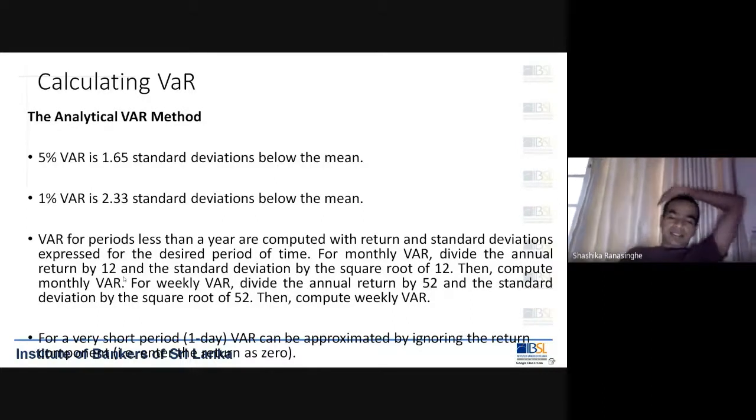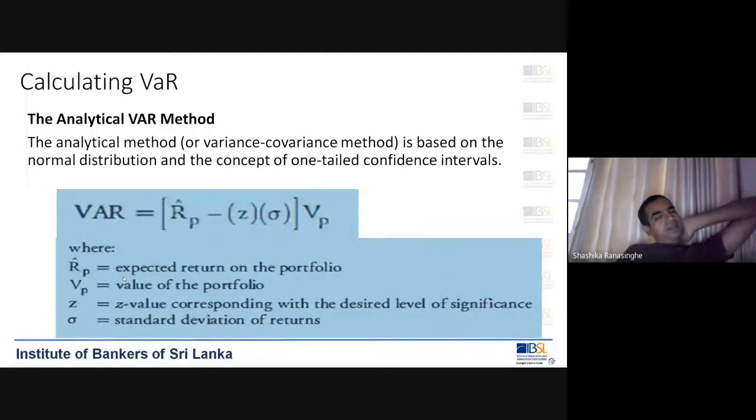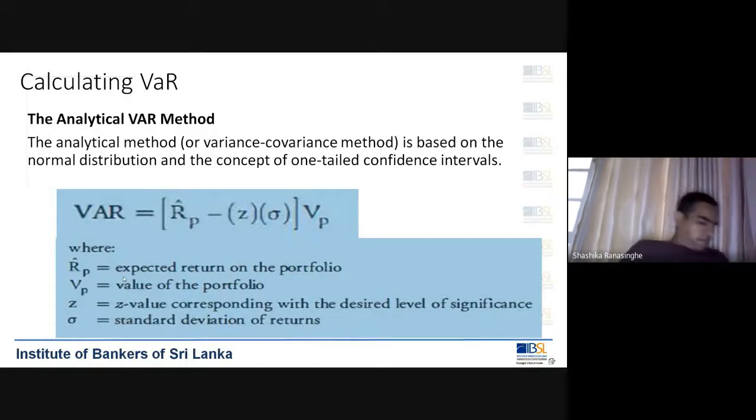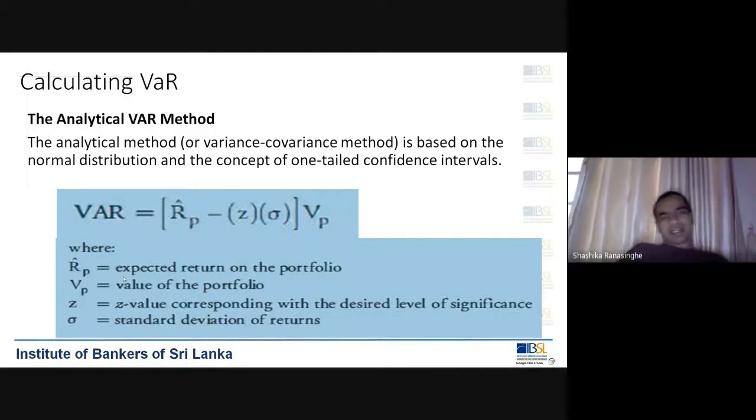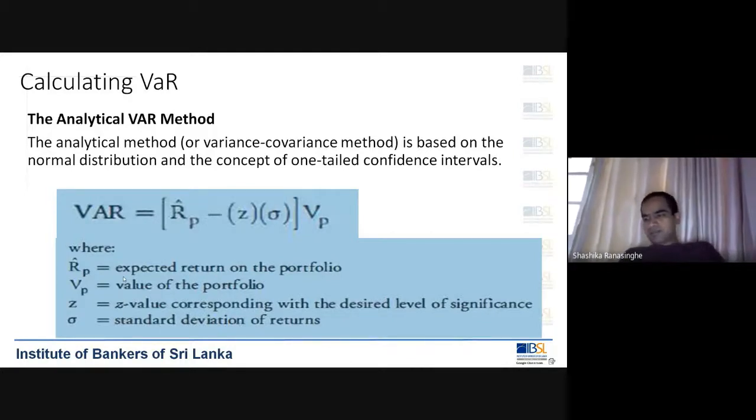Now, this Z term, the Z scores that you have done at A levels. What it means is it is X minus mu divided by sigma, right? That is the Z score.